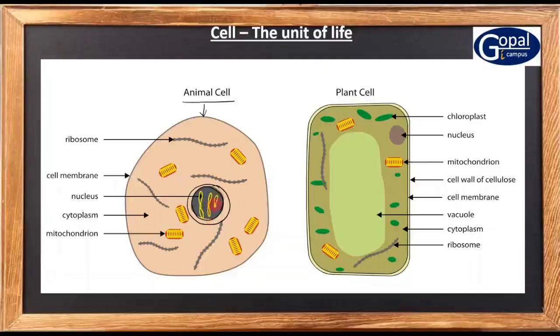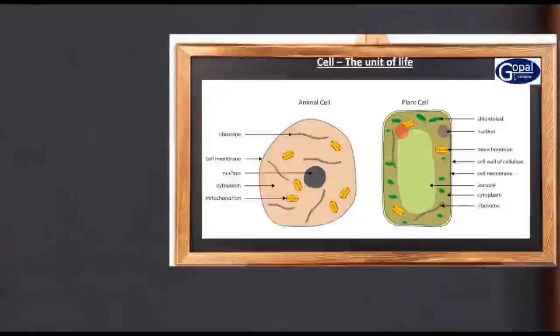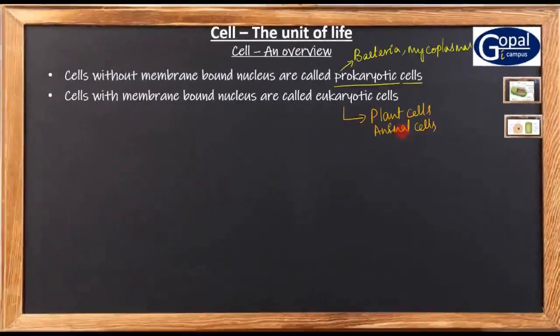So in the nucleus, you can see the chromosomes, and inside the chromosomes, you can see the presence of genetic material. Such cells are called eukaryotic cells.